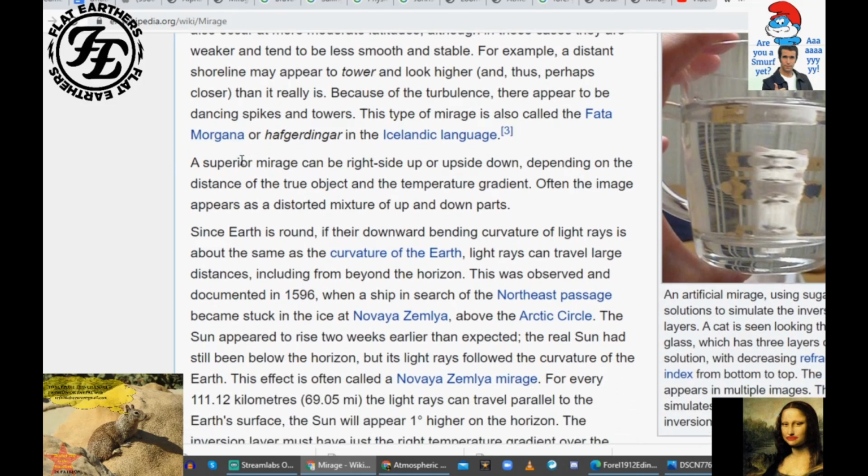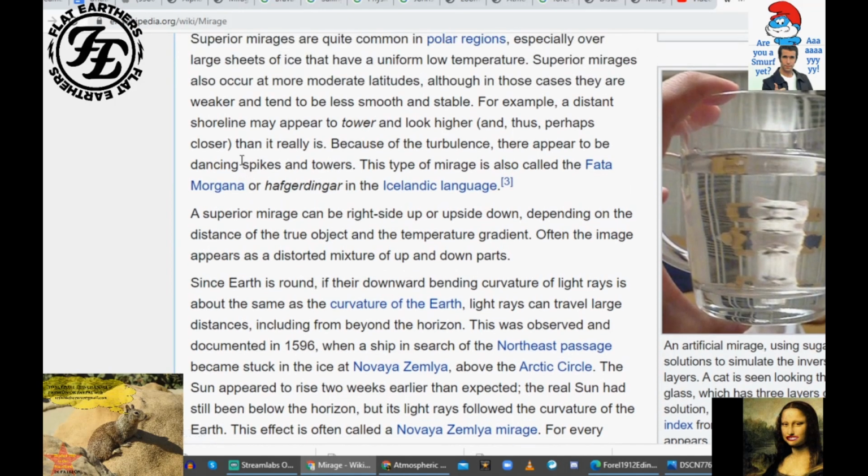For example, a distant shoreline may appear to tower and look higher, and thus perhaps closer magnification than it really is. Okay, right here, people, this is telling you that there's magnification in the air. Magnification. Closer, it's magnifying it. Okay?